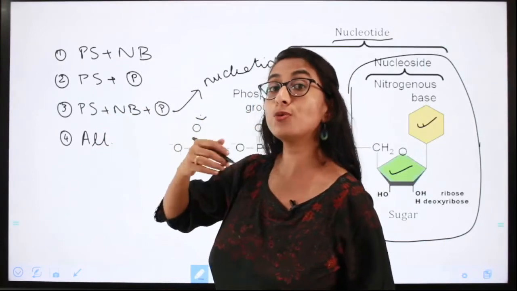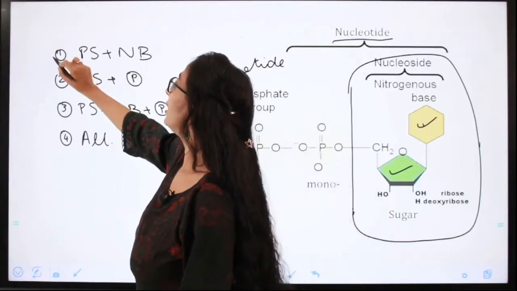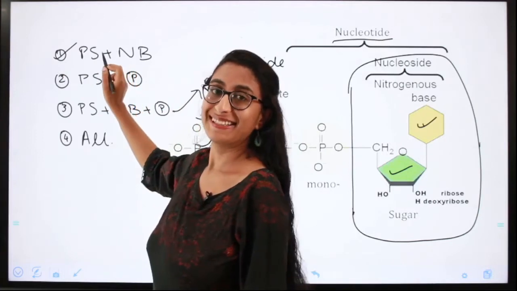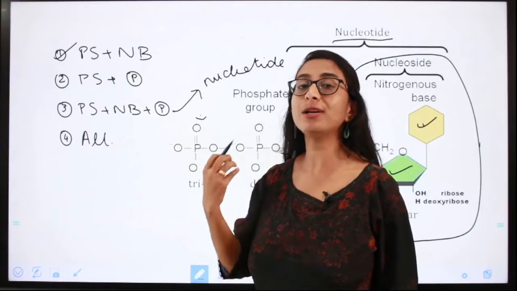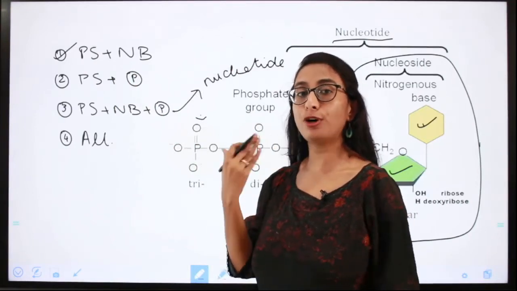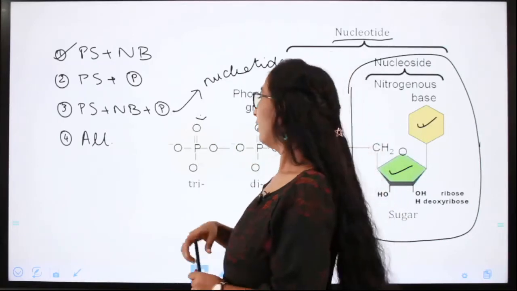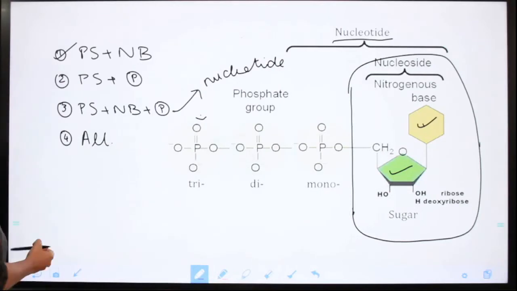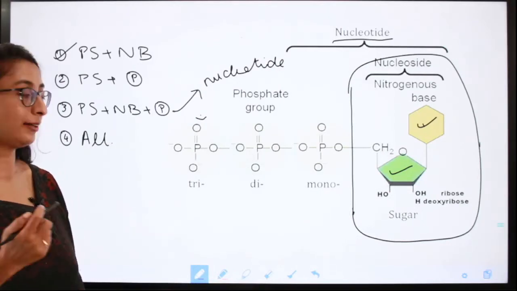Whereas if the question is what are the components of a nucleoside, then your answer should be pentose sugar plus nitrogenous base. Got it? So as you keep reading, you need to keep guessing questions like this and make yourself much more confident when you get the questions so that you can answer it. Fine. So now you know what is the difference between a nucleoside and a nucleotide.